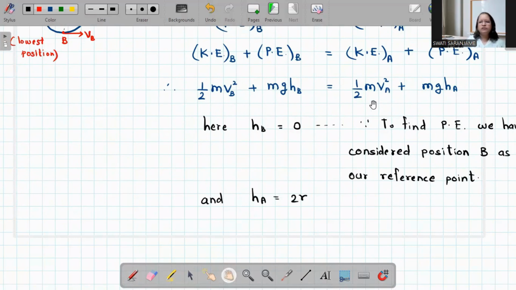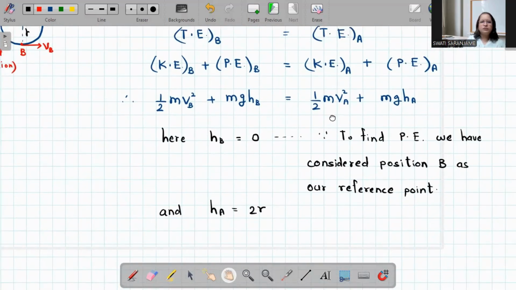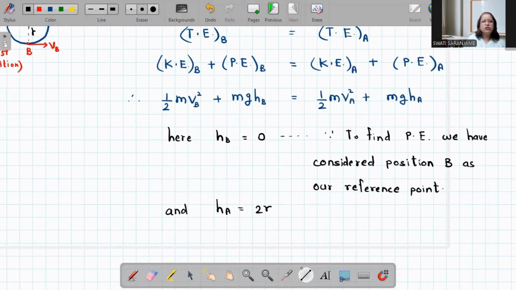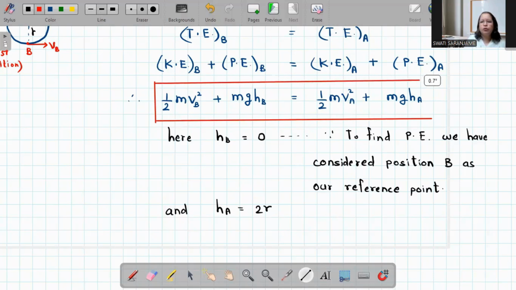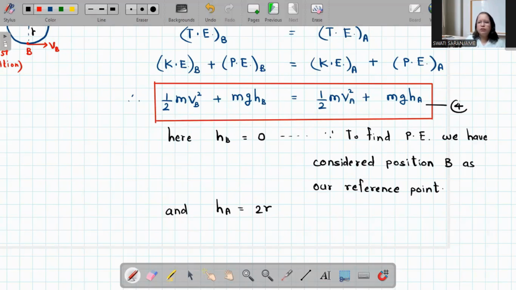Whenever we are substituting any values in the equation, it is preferable to allot some number to that equation. So we have come up to the equation number 3. So let's assign equation number 4 to this one. So this is our equation 4.